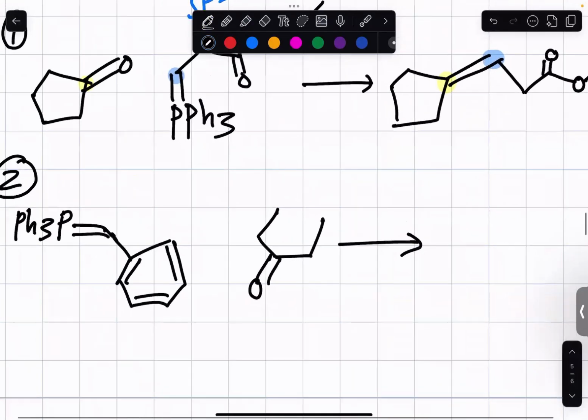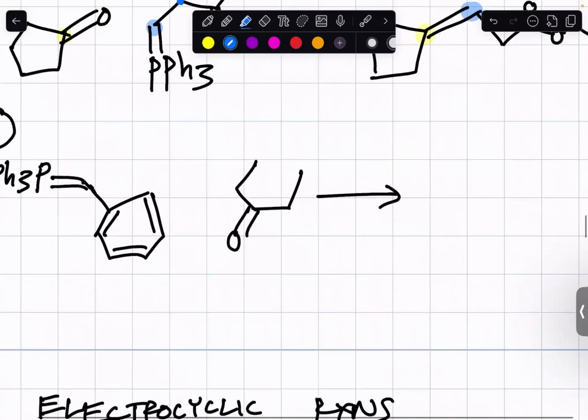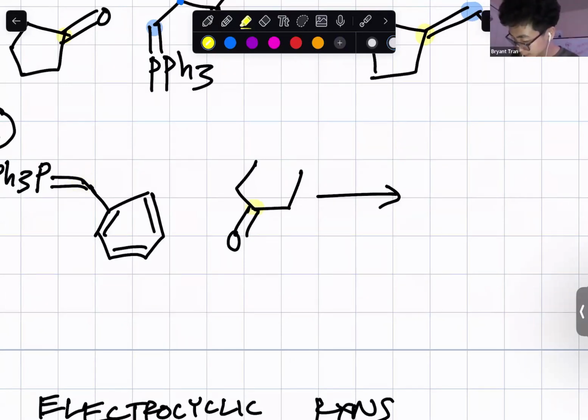Okay. Now for the second one that you have. That one does resonance. Yeah, this one is resonance stabilized. The E alkene, yellow, blue. Okay, and this one here, you put an extra CH bond, right? So if this is your yellow bond, I usually yellow my carbonyl and blue my ylide.